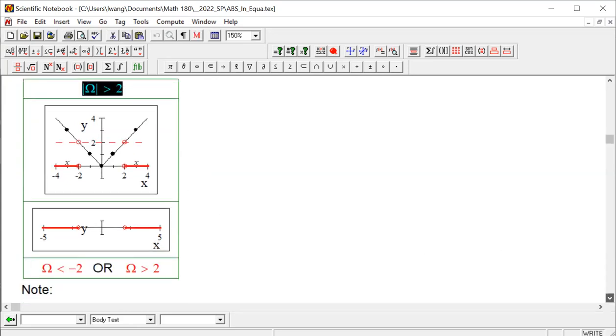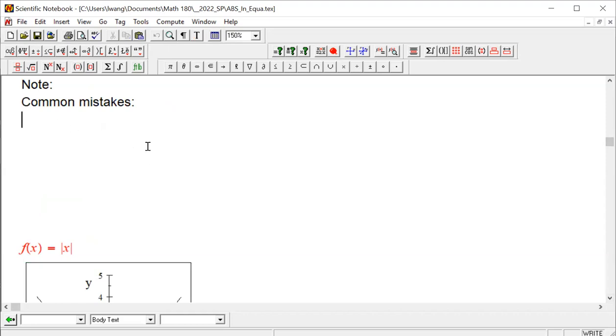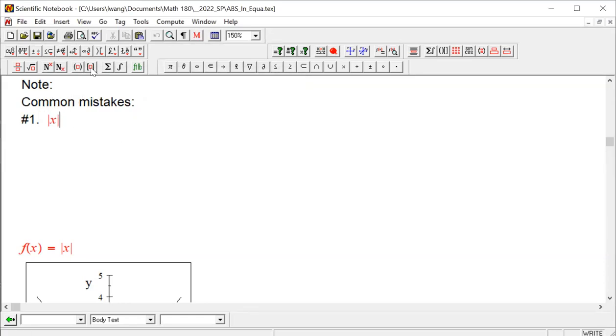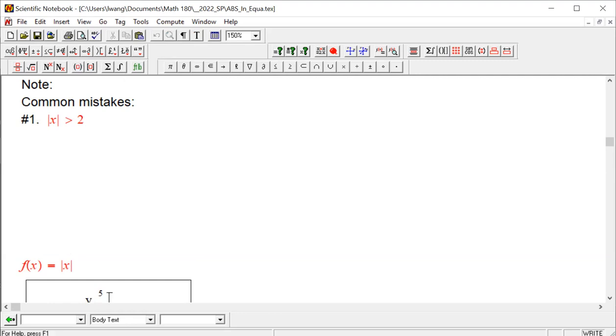Typical mistake number 1, the first one. When people saw the absolute value of x is larger than 2, some people will write it this way.